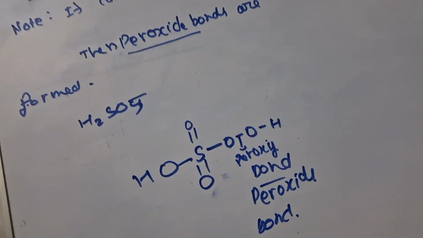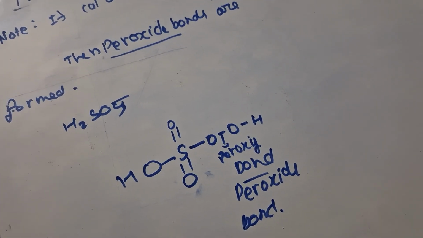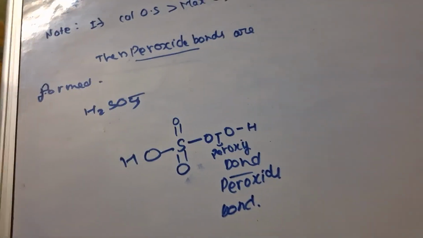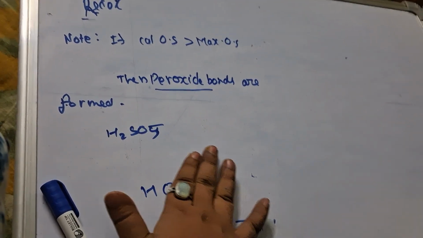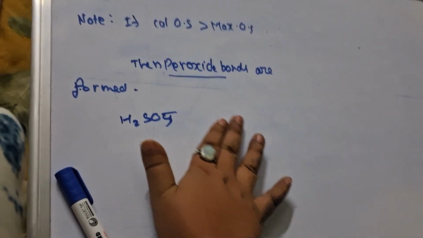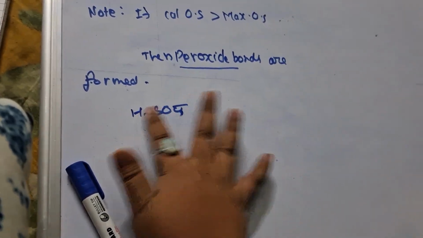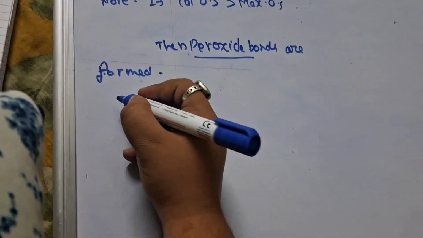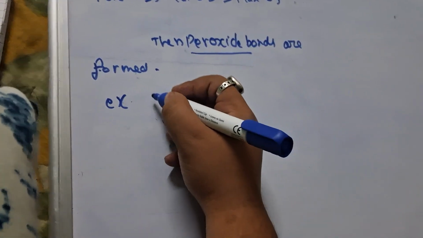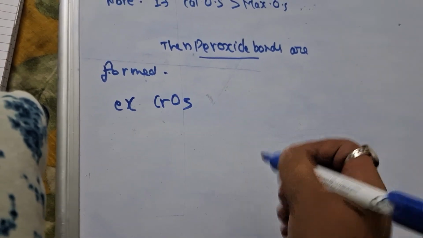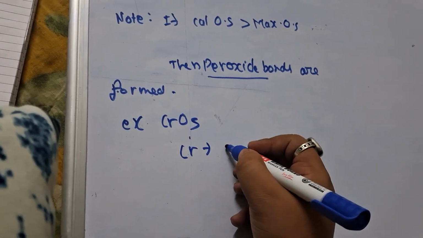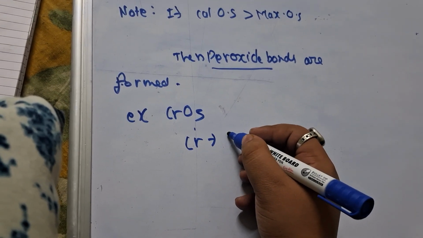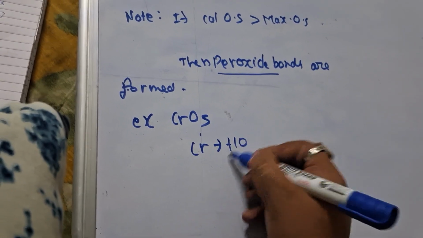Now let me give you another example. CrO5. Now let's find the oxidation state of Cr here. So this will be plus 10.